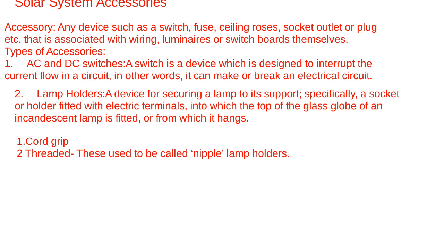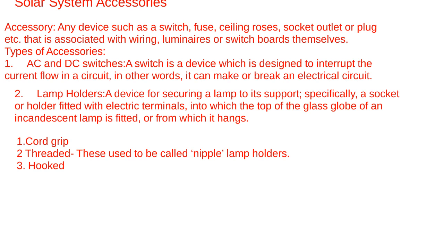Then the other one is the hooked type, number three type. So for this one is where the lamp holder has a hook for suspending using a chain, rope, or hooking over a fixture.